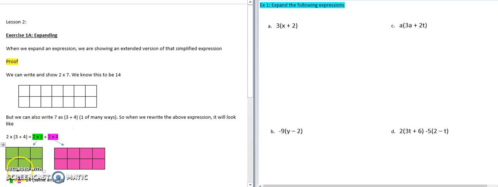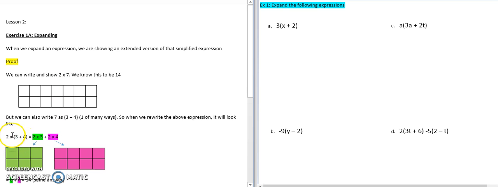In other words, 2 times 3 is 6, and 2 times 4 is 8. Add them together, and we get 14, which is the initial answer we started off with. So what this proof is showing is that 2 by 7 can be written as 2 lots of 3 added to 2 lots of 4.